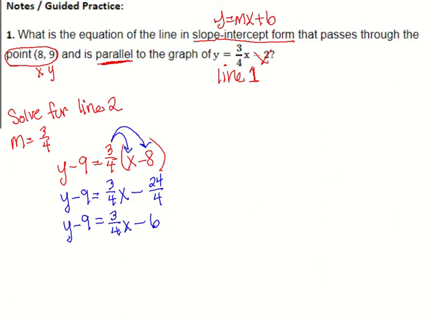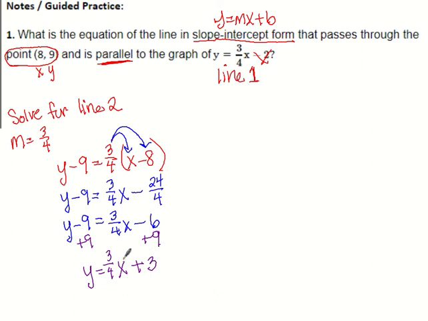Now this is still not in slope-intercept form because I have to have a y equals, so what we're going to do is go plus 9, and then we get y = 3/4 x + 3. And there's line number 2.